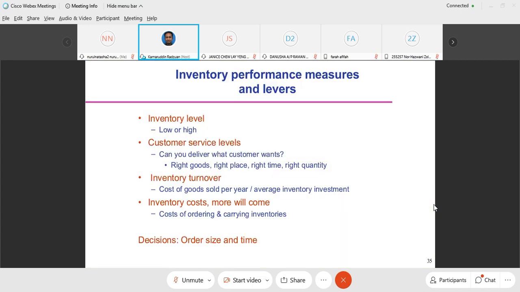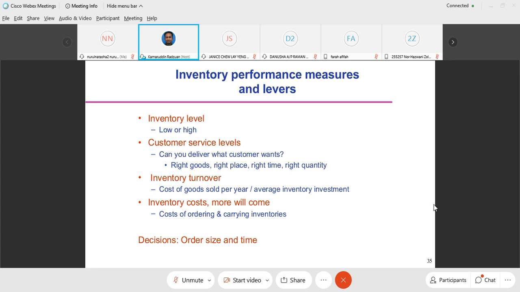In the inventory performance measure, the components include inventory level, which is low or high, and customer service level, which we can assess based on customer feedback on the right goods, right place, right time, and right quantity.